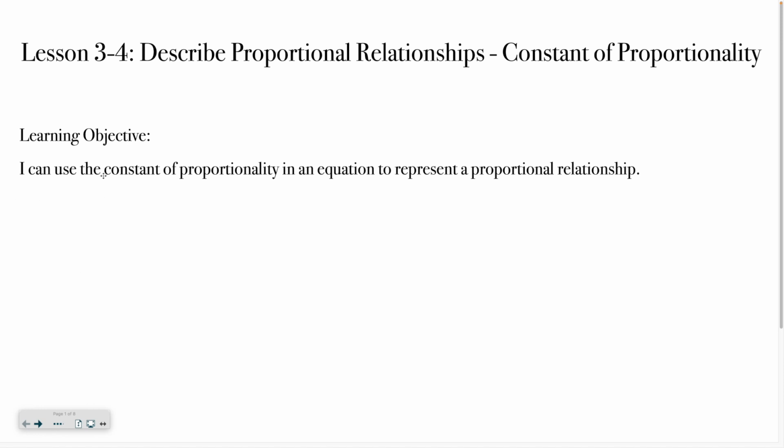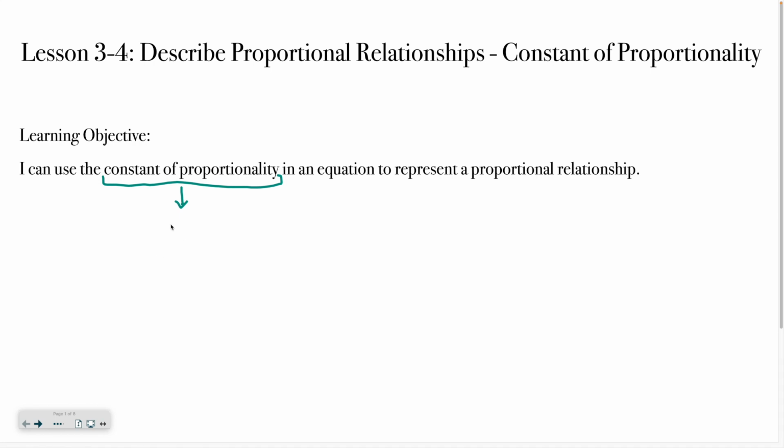So let's talk about a couple of key terms here. Constant of proportionality is going to be kind of our main idea today, and it sounds a lot scarier than it is. You've actually already been working with this. It's just we've called it other things so far, but I think you'll catch on really quickly.